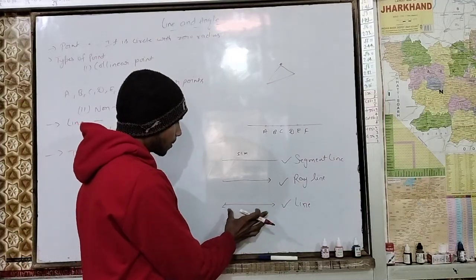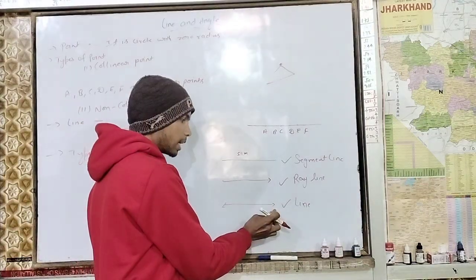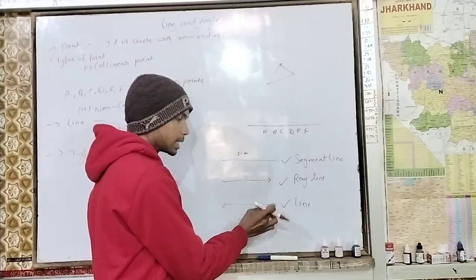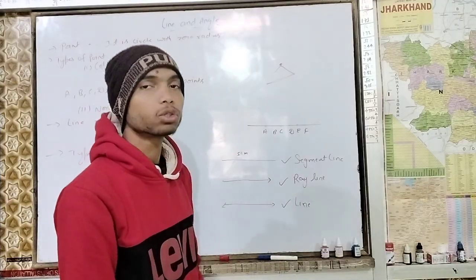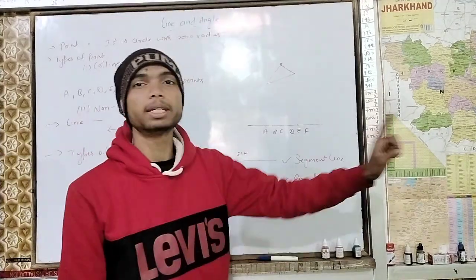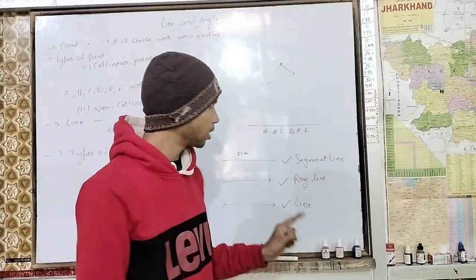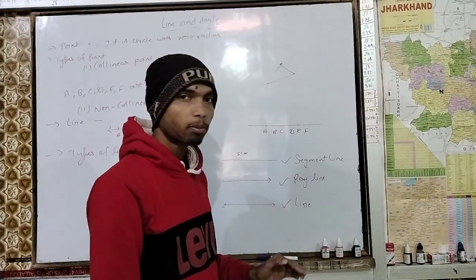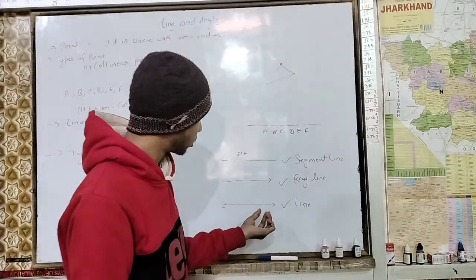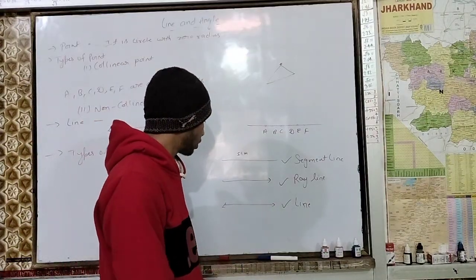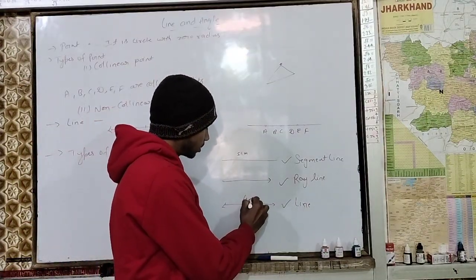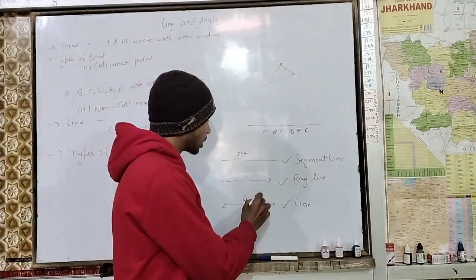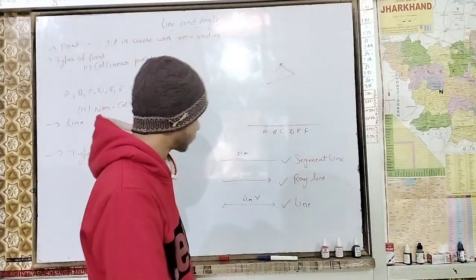Now in this case, on both sides, this line has infinite distance. If you say this is 6 centimeters, then that is an incorrect way.